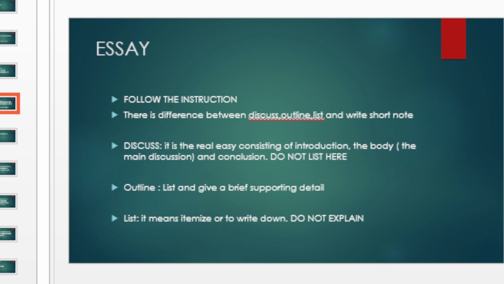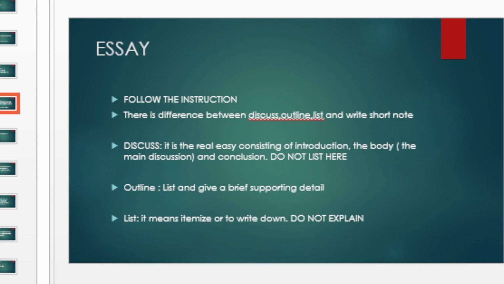Let's say they're asking the principles of managing acute stroke. So in the introduction, you define what stroke is. In the body, you talk about the principles of management of the stroke. And in conclusion, you summarize what you have said. So here, do not list. Discussion is not listing. You write in paragraph form.